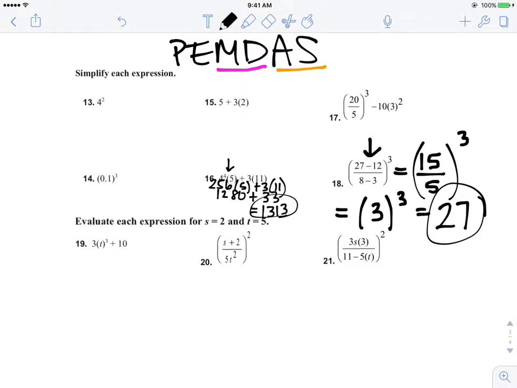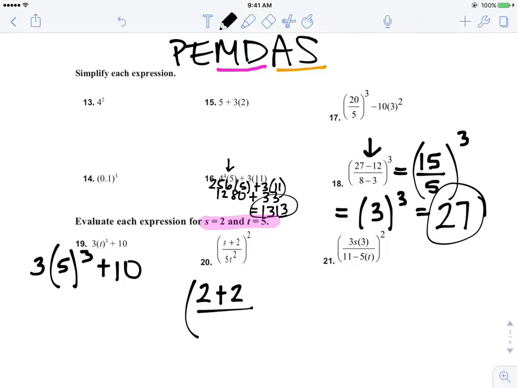The only difference between the questions 13 through 18 and 19 through 21 is in 19 through 21 they have variables, but it tells us right here what the variables are represented by. So what I would do is start by replacing the variables with the numbers, and then the problems are no different than the ones above it.